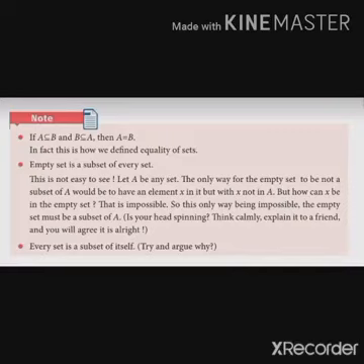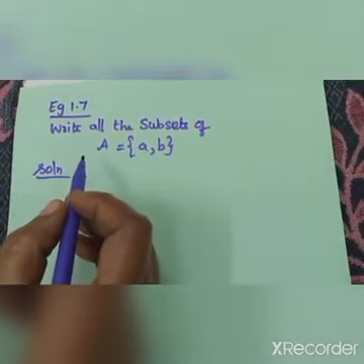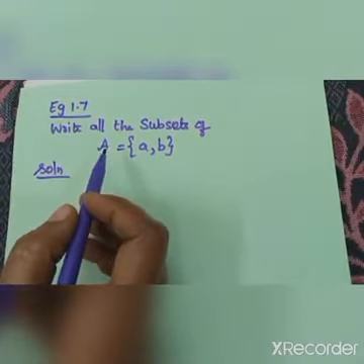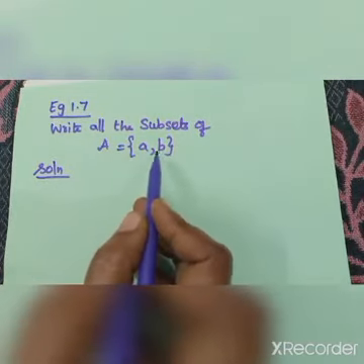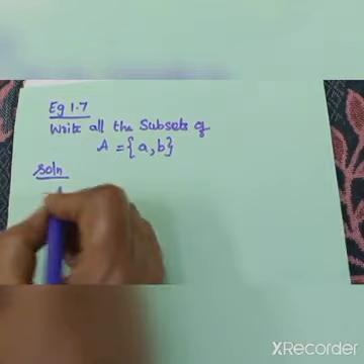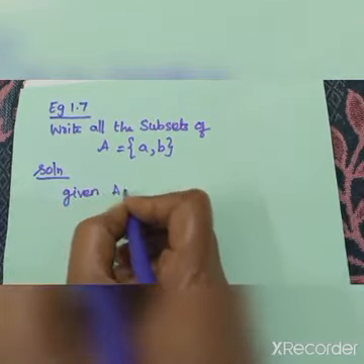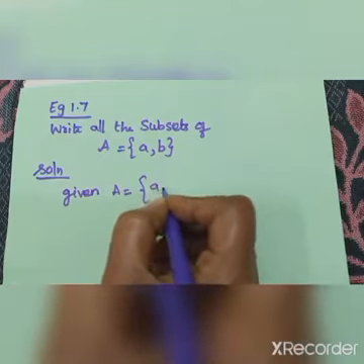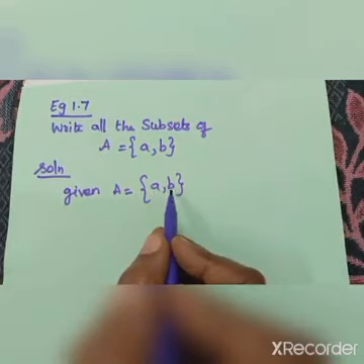Okay. Let's do the problem. Example 1.7. Write all the subsets of A equal to {a, b}. What is given? The set A is equal to {a, b}. The set A has two elements, a and b.